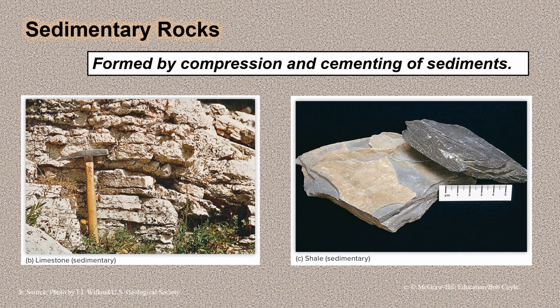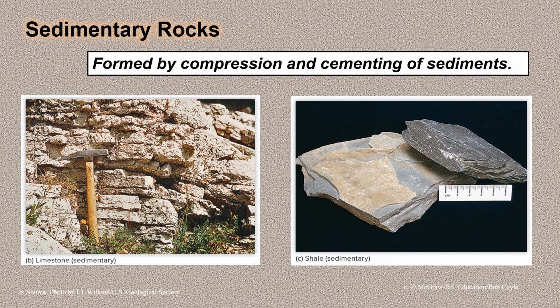How about sedimentary rocks? Well, sedimentary rocks are formed from sediments. As materials are washed by running water, eventually they get deposited, they slow down, they settle down, and those particles build up over time and they compress, and under that pressure, they're cemented together.